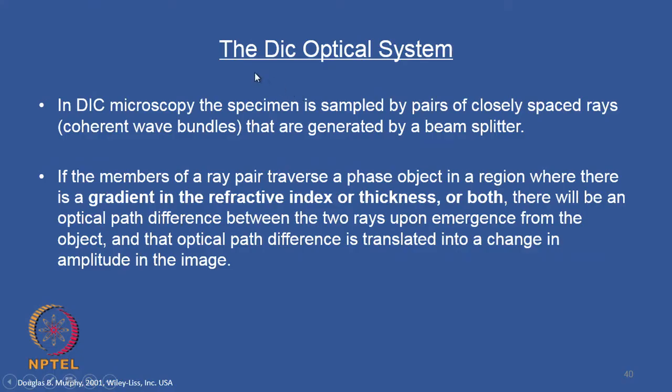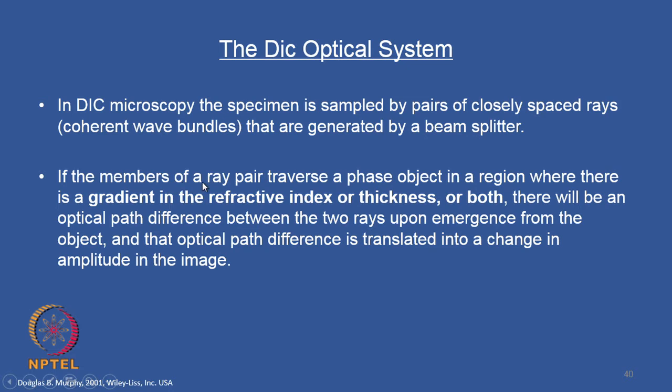So let us look at the optical system. In DIC microscopy, the specimen is sampled by pairs of closely spaced rays, that is, coherent wave bundles, that are generated by a beam splitter.